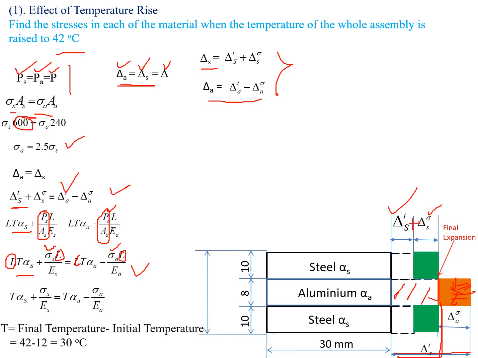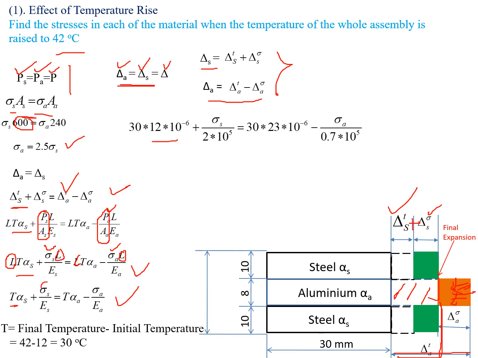We know that T is the temperature change, that is, the final temperature minus the initial temperature. The final temperature is 42 degrees centigrade and the initial temperature is 12 degrees centigrade, so T becomes 30. Then we substitute all the values in this equation. Here T equals 30, and alpha S is given in the data, that is 12 into 10 to the power of minus 6.